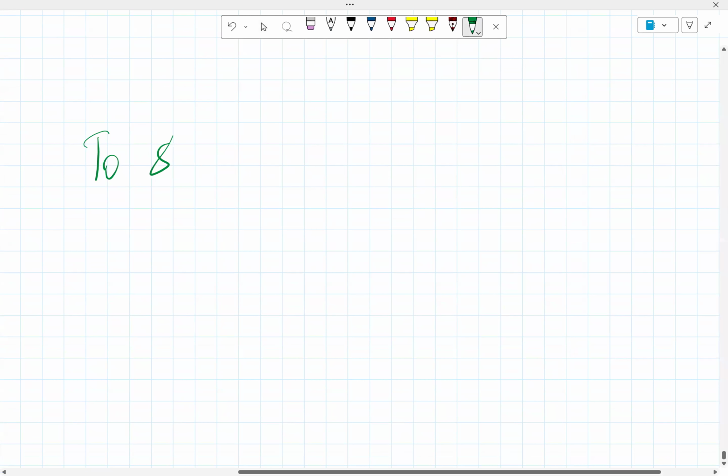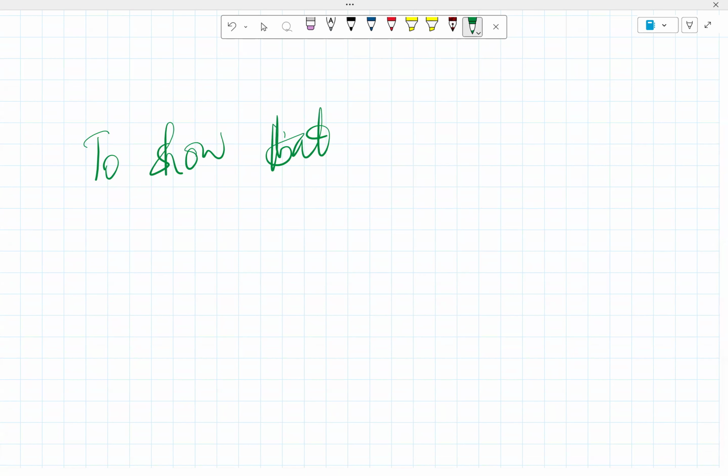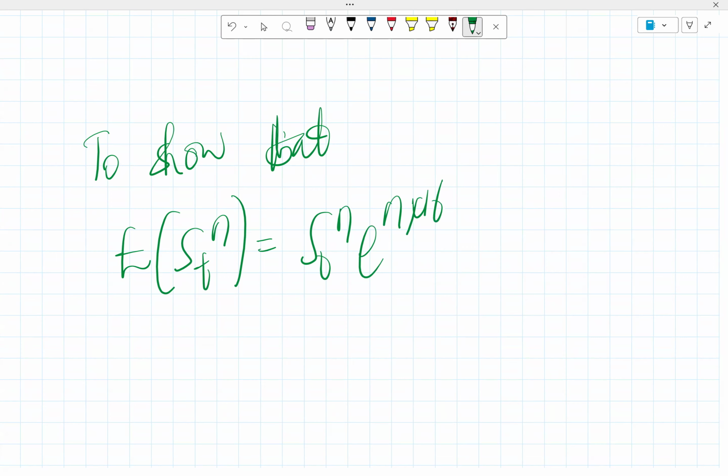So to show that the expected value of S_t raised to the power n is equal to S_0^n e^(n mu t + half n(n-1) sigma squared t).